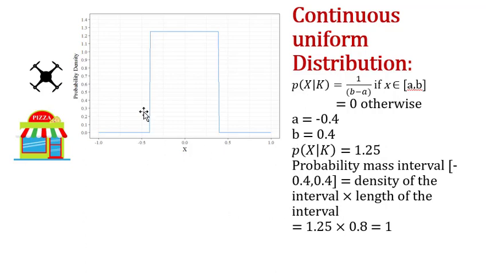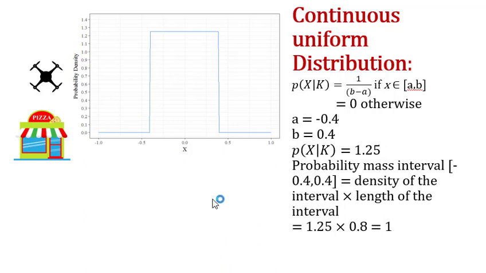And we can show that this integrates to 1, it doesn't add to 1, because we've got densities greater than 1, by determining the probability mass of the interval. The probability mass of the interval is the density times the length of the interval.